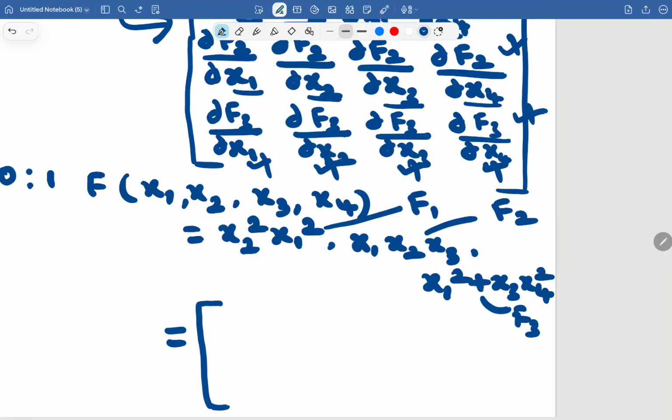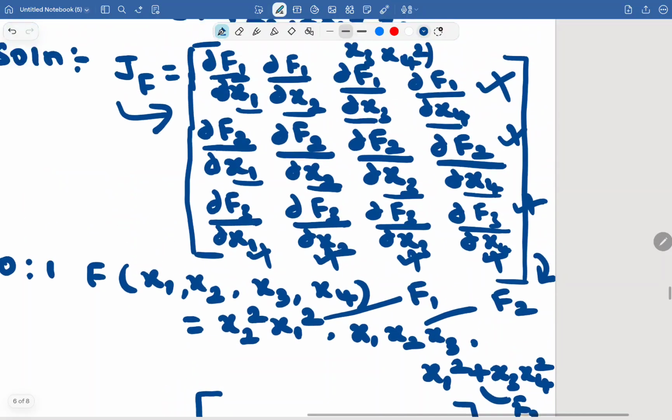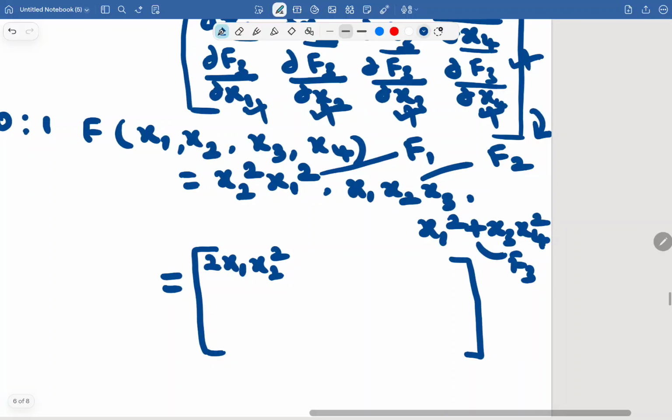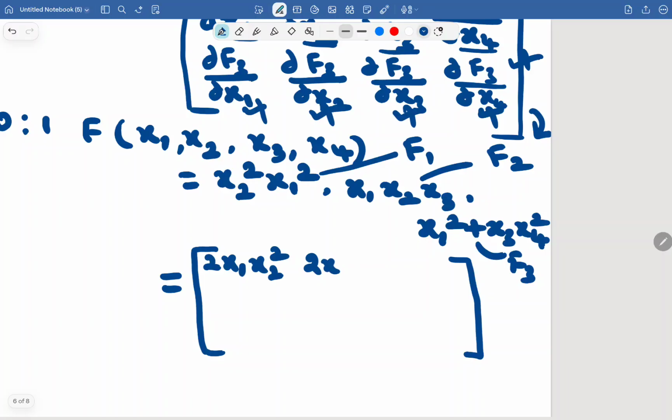The matrix from this one: find dou f1 by dou x1. It is 2x1 x2 square. Dou f1 by dou x2, 2x2 x1 square. Dou f1 by dou x3, there is no x3, so 0. Dou f1 by dou x4, again 0, there is no x4.